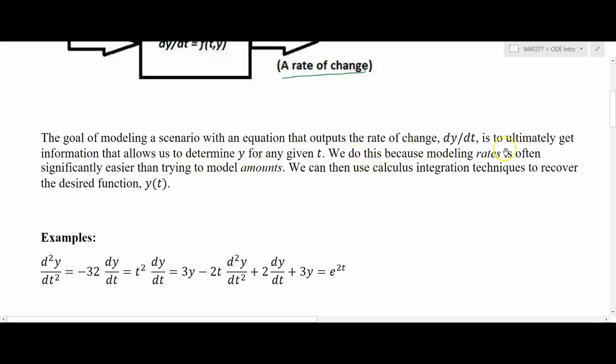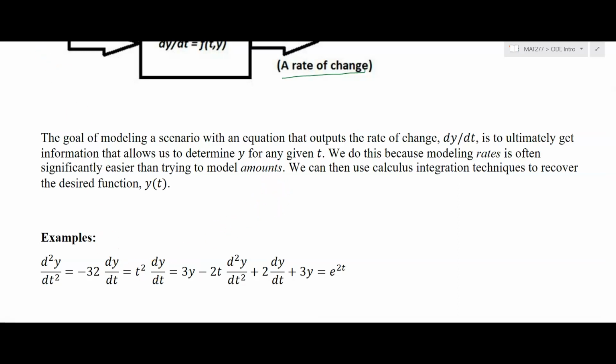We do this because modeling rates is often significantly easier than trying to model amounts. It's often easier to model speed and then solve that speed equation for distance versus time, and calculus gives us those tools.